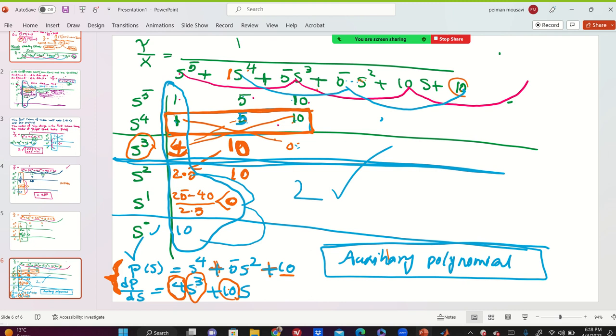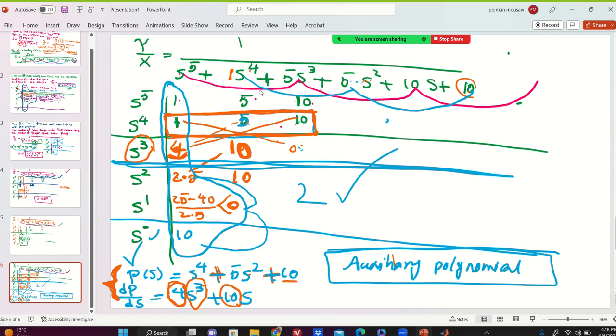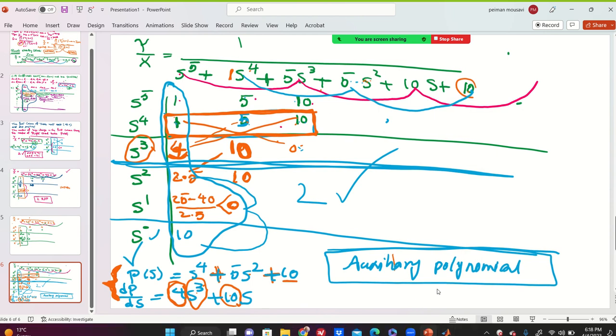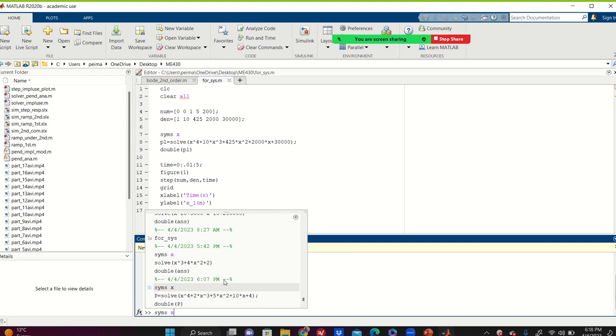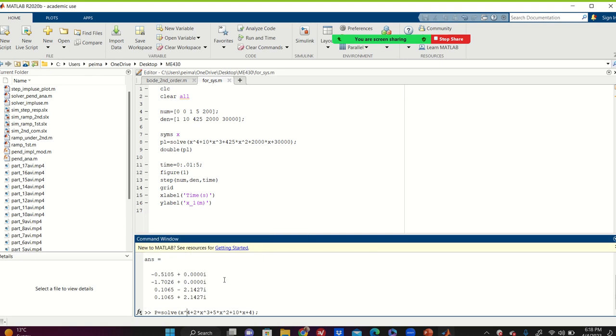Now if I go to MATLAB, just read the equation for me, okay? s^5, what was that? Read for me the rest. Plus s^4.